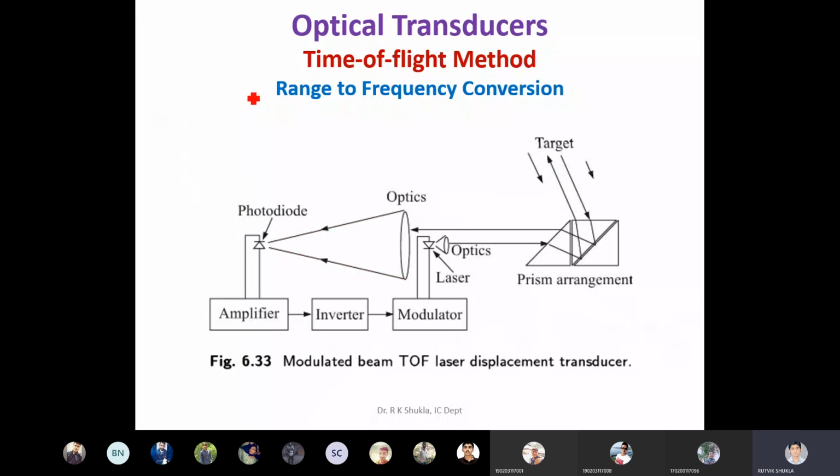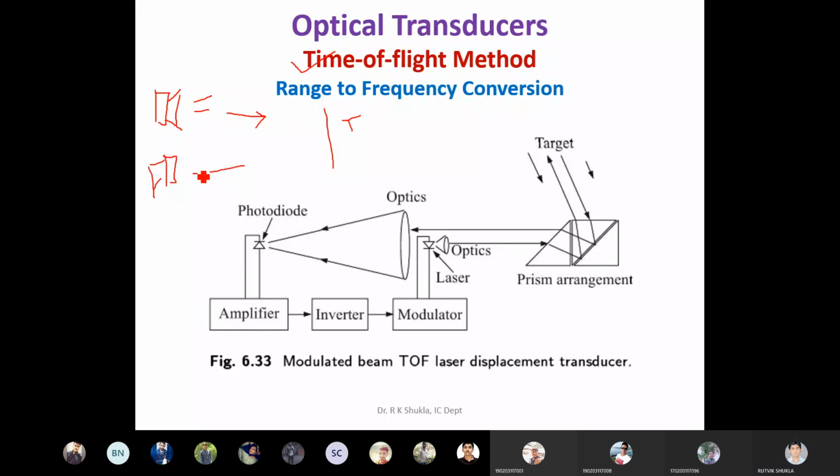Now the second method, which also falls in the category of time of flight. Time of flight means, as I have already told, suppose this is your transmitter, which transmits the light beam. Then you have the target which is placed on the other end, and on the other hand you have a detector.